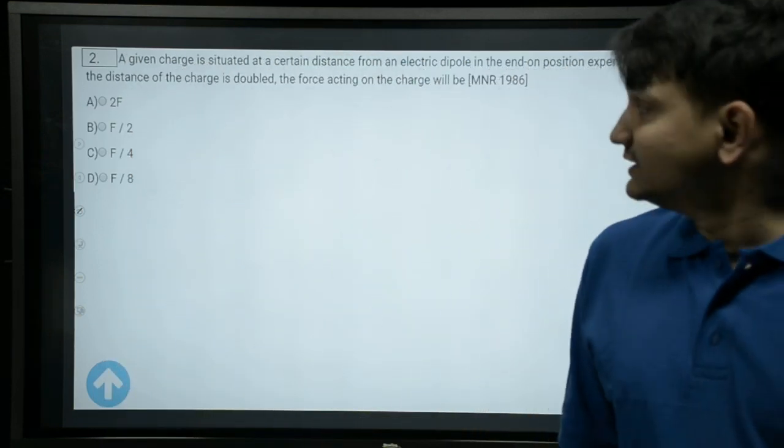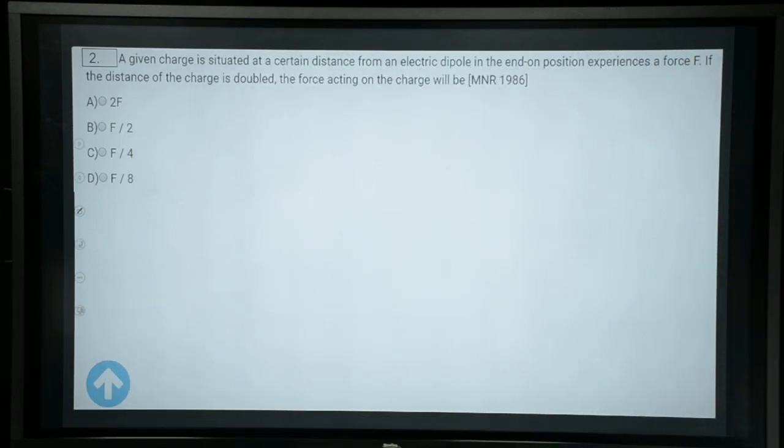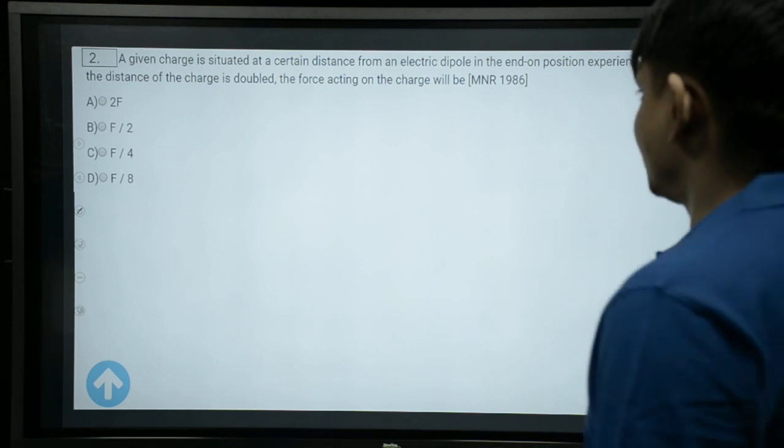Let's read it together. A given charge is situated at certain distance from a dipole in end-on position and experiences a force F. If the distance of the charge is doubled, the force acting on the charge will be. Okay, let's try and work it out in a diagram.